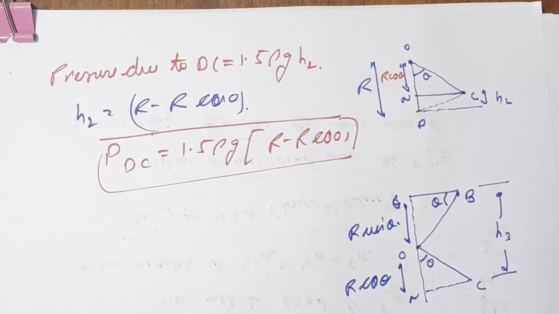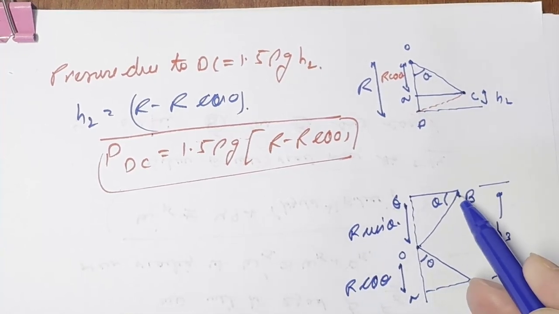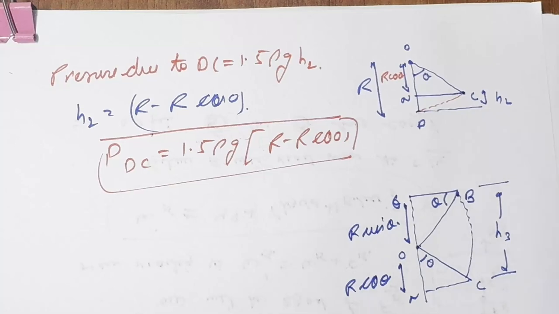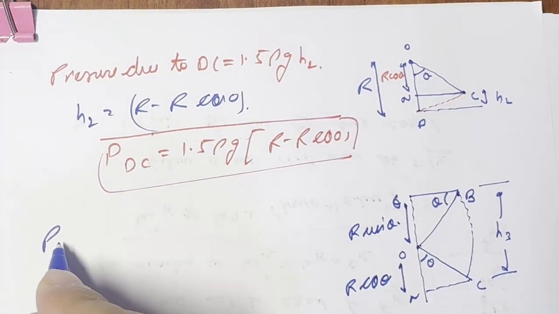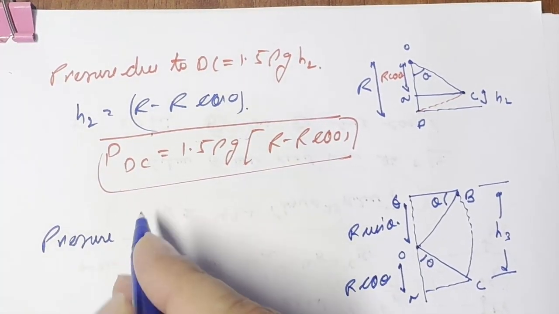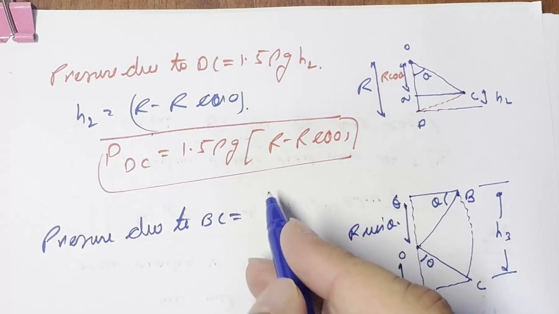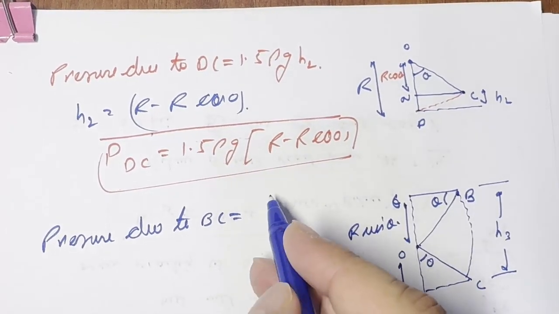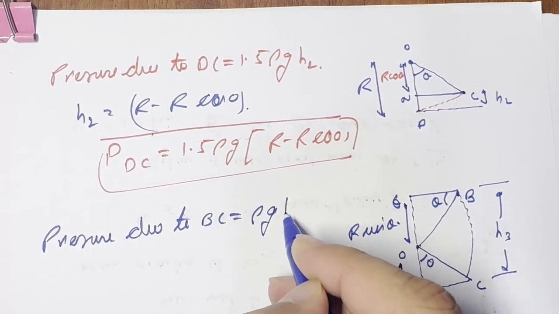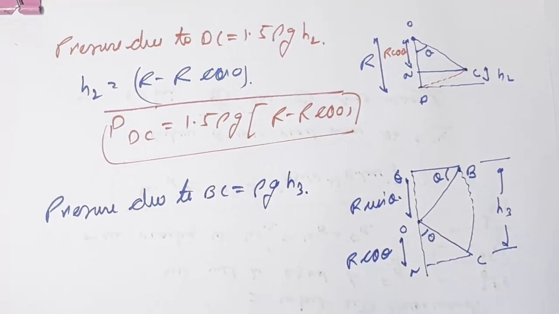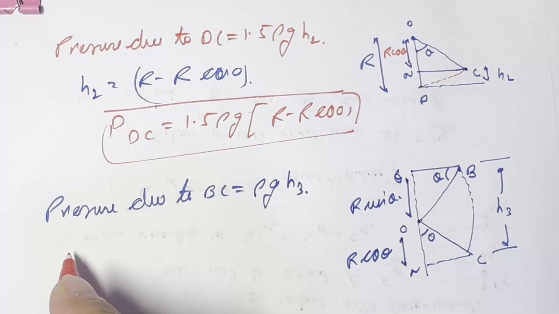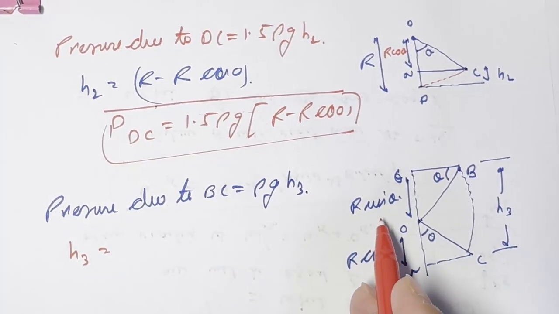So pressure due to BC will be equal to rho G H3, and H3 is R cos of theta plus R sine of theta.